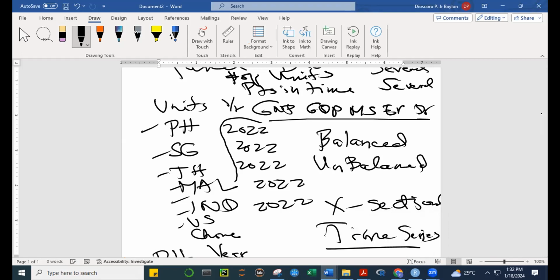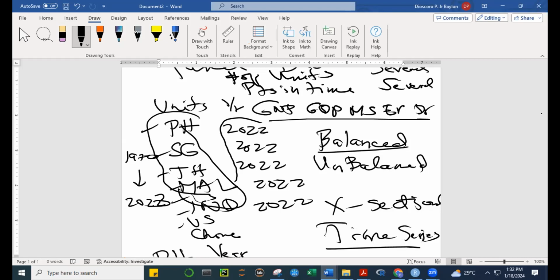Ano yung balanced at saka unbalanced? Yung balanced class, suppose we have this, ito, no? Ito na lang, yung ASEAN, 1, 2, 3, 4, 5, ASEAN 5. Okay? So you have from 1970, we get this data hanggang 2023.